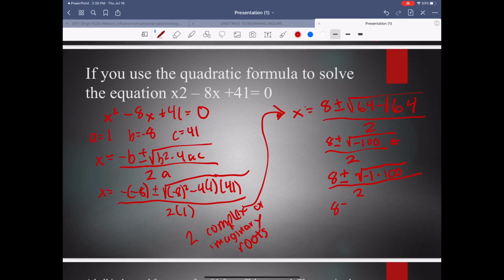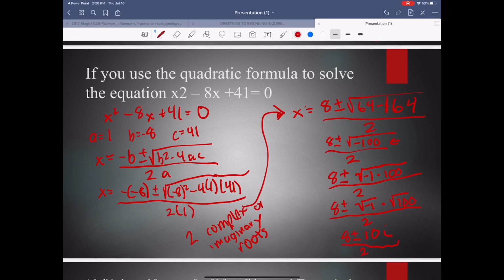So I got 8 plus or minus the square root of -1 times the square root of 100, all divided by 2. And so when you take the square root of -1, that turns into i. So you could replace that with i, and the square root of 100 still gives you 10. So I got 8 plus or minus 10i divided by 2.